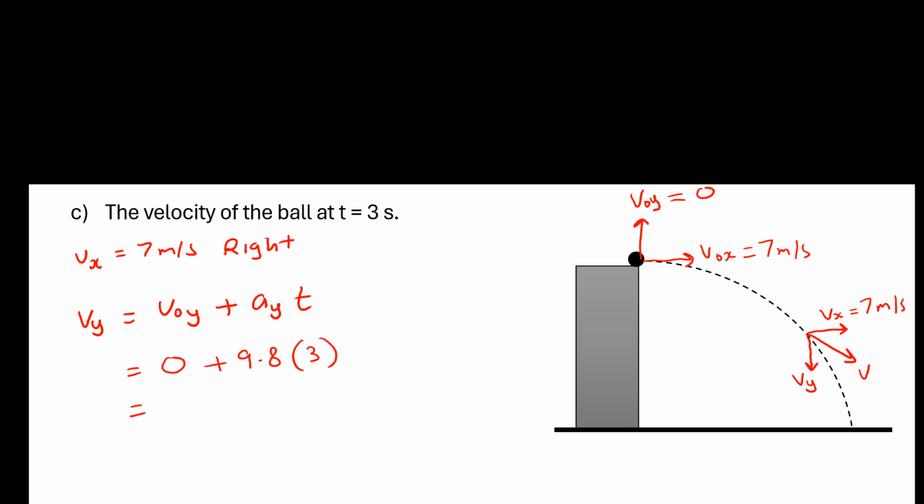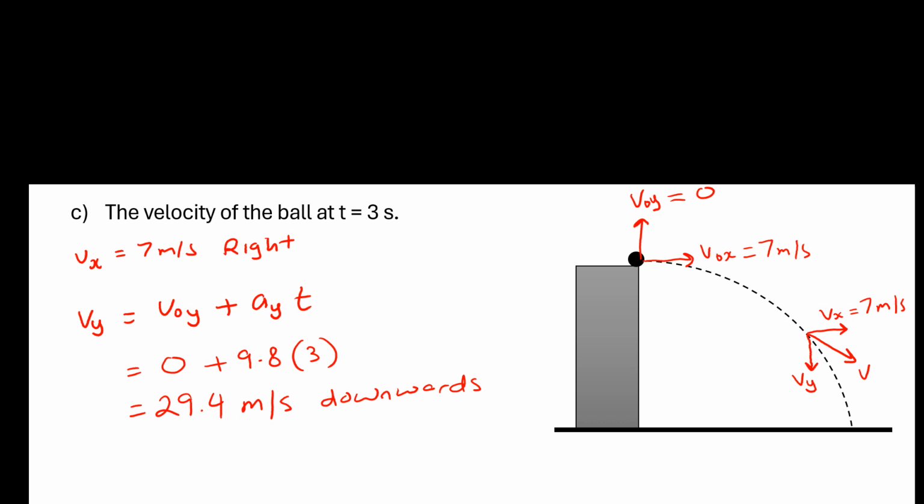So calculate this. Let's use the calculator. 9.8 times 3, so it's 29.4 meters per second downwards. So Vy is 29.4 meters per second downwards, and Vx is 7 meters per second to the right.